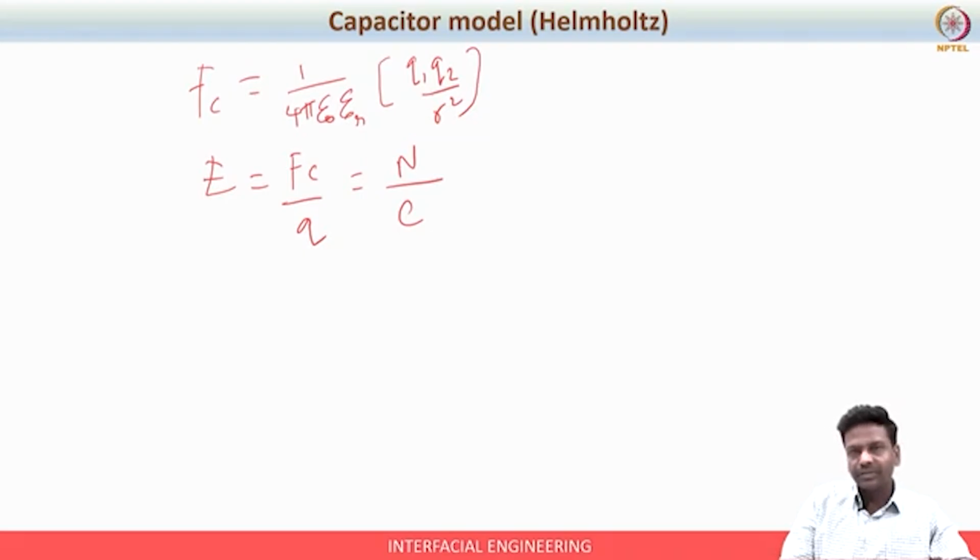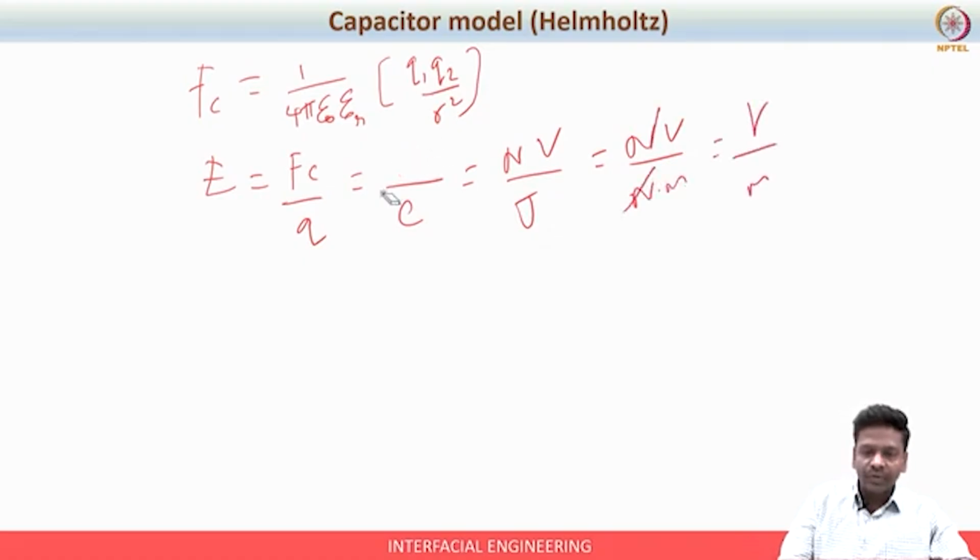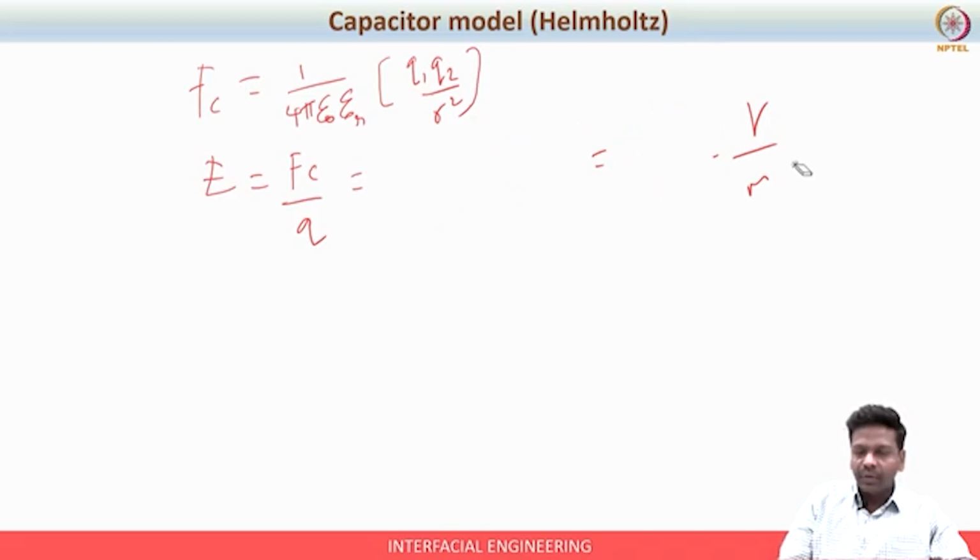Charge is expressed with a unit called Coulomb, and Coulomb is nothing but joule per volt. So you will have Newton volt by joule, which is Newton volt by Newton meter, and you will simply have volt per meter, unit length.